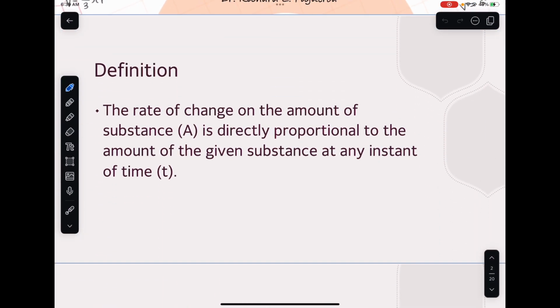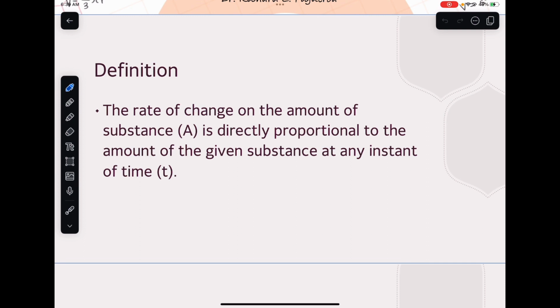Growth and decay problems follow this rule, or this definition: the rate of change of the amount of substance is directly proportional to the amount of the given substance at any instant of time.